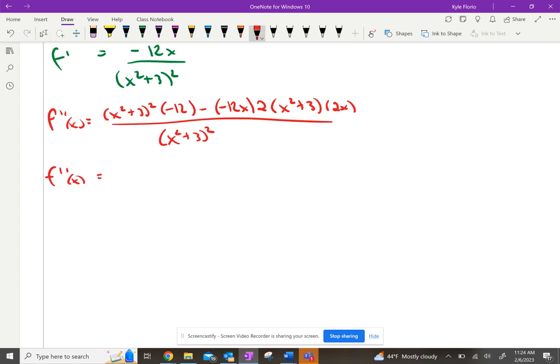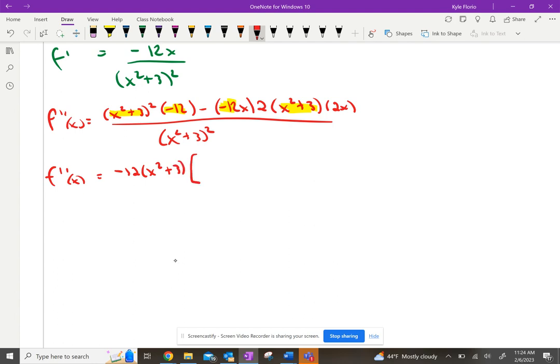So let's do some cleaning up. They both have an x squared plus 3 that I could factor out. And they actually both have a negative 12 that I can factor out. So I'm going to factor out a negative 12 times x squared plus 3. That's super simplification stuff.